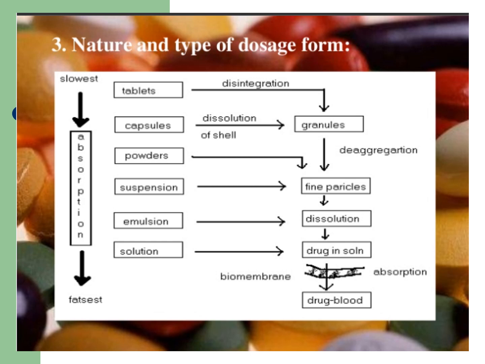The tablet disintegrates into granules, powders and suspensions are disintegrated into fine particles, and dissolution occurs. The drug in solution form is then absorbable and crosses the various drug-blood barriers. So what is important to remember, the fastest rate of absorption is when a drug is in the solution form rather than a tablet form.